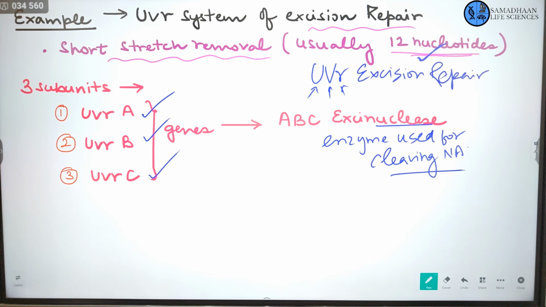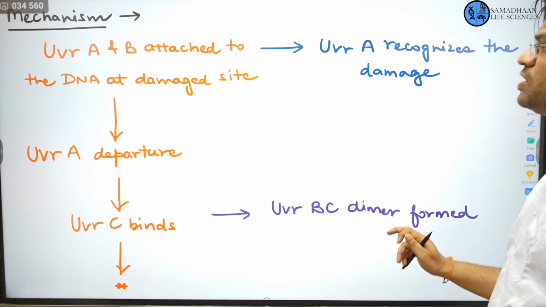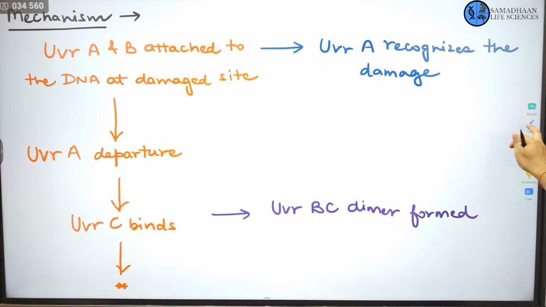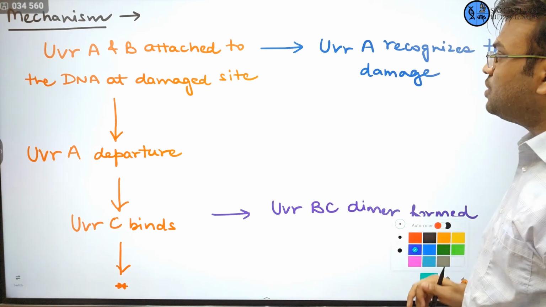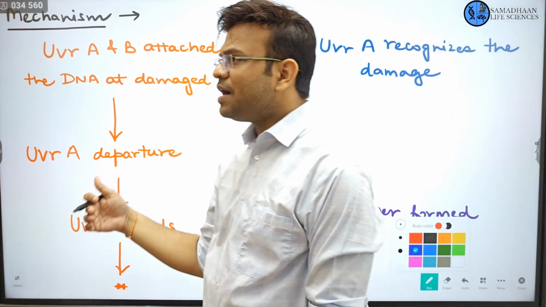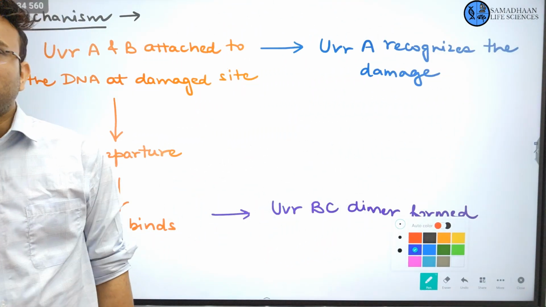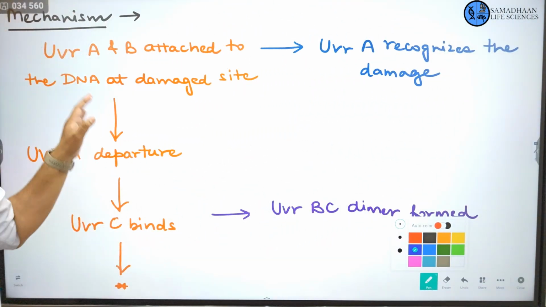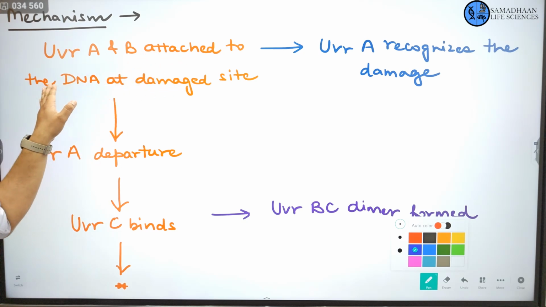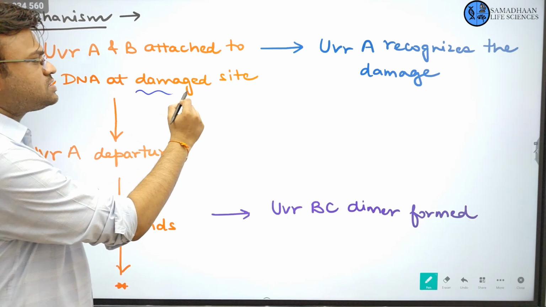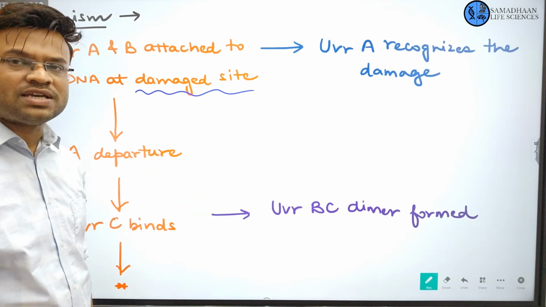Okay, I believe you would have taken the photograph. Let me move forward with the mechanism of UVR ABC exonuclease. So what happens first, or how does this exonuclease system function? UVR A and B are attached to the DNA at the damaged site. Now, what is a damaged site? The damaged site is where the lesion is occurring.